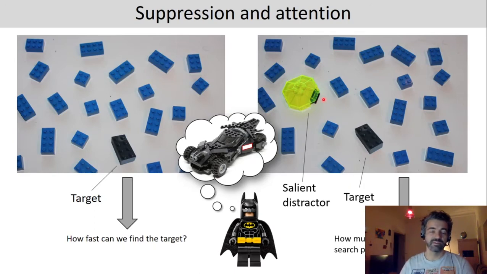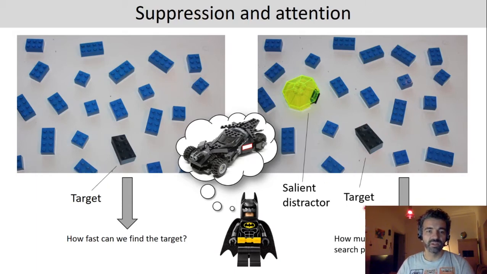Remember that in guided search and other attentional theories, physically distinct stimuli get a lot of priority on a retinotopic representation of our visual environment. So it's not necessarily the target that gets all our attention first if a distractor is particularly salient.